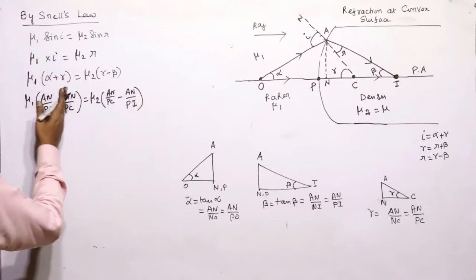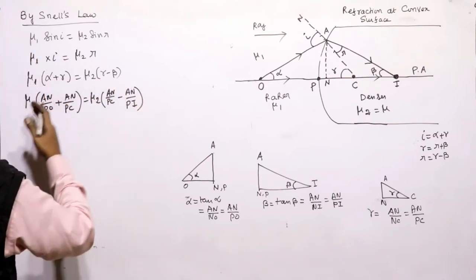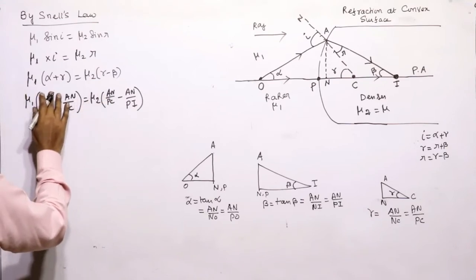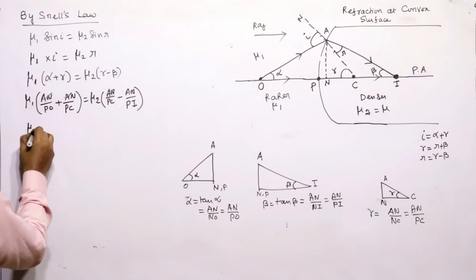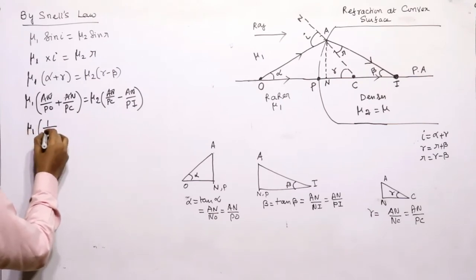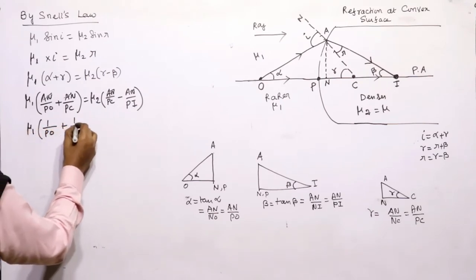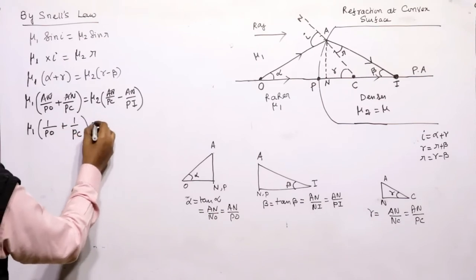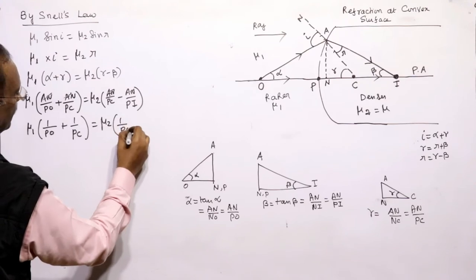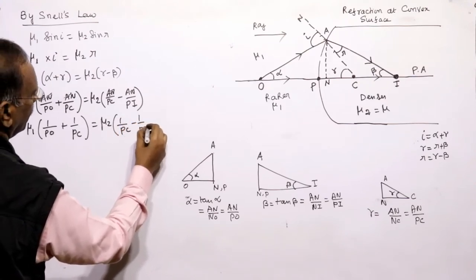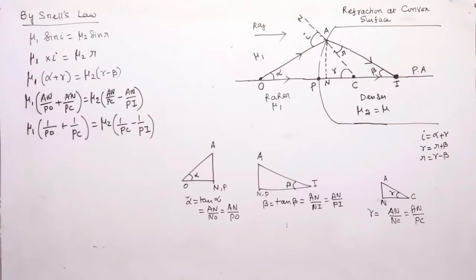Since AN is common, we can take it out and cancel it. So mu1 into 1 by PO plus 1 by PC is equal to mu2 into 1 by PC minus 1 by PI. What is PO?